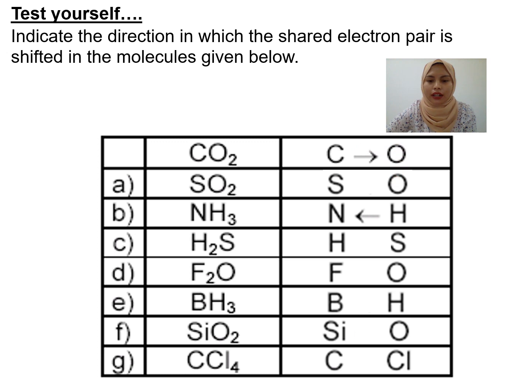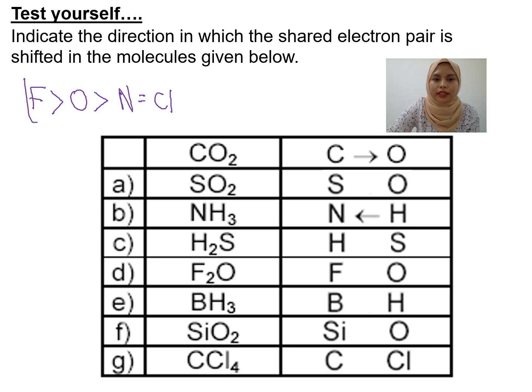Okay, macam Miss dah bagi tahu before this, ada 4 saja atom yang the most electronegative atom, such as fluorine diikuti oleh oksigen, diikuti oleh nitrogen. Nitrogen dia punya scale of electronegativity dia sama dengan Cl. So selain daripada these 4 atoms, kamu just assume saja atom tu dia punya electronegative dia kurang.